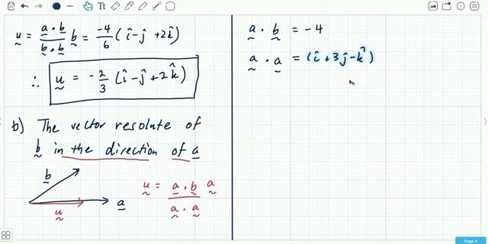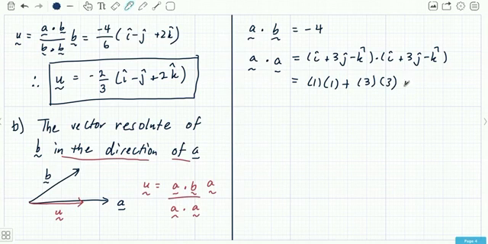You could stop the video at this point and finish it off because it's very similar to the one we did before. Coefficients of i multiplied together plus the coefficients of j multiplied together plus the coefficients of k multiplied together. 1 plus 9 plus 1, which is 11.